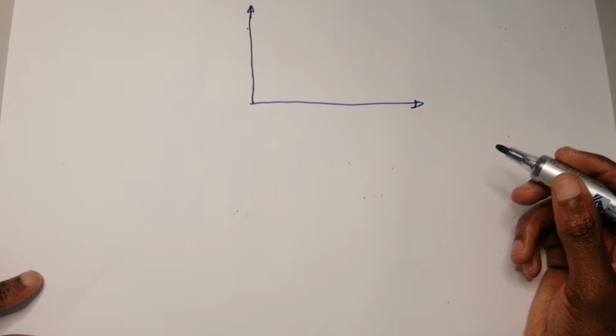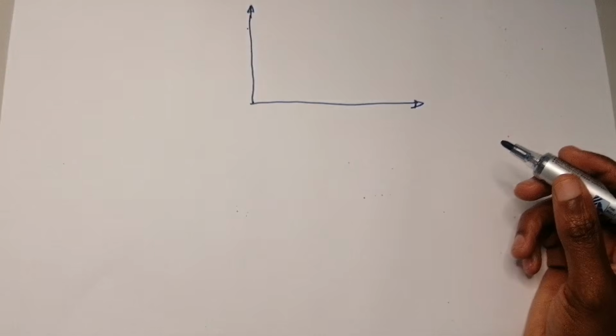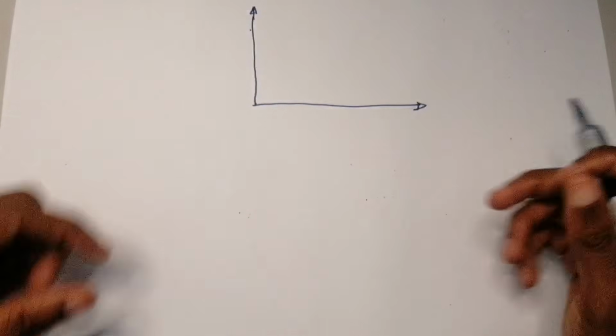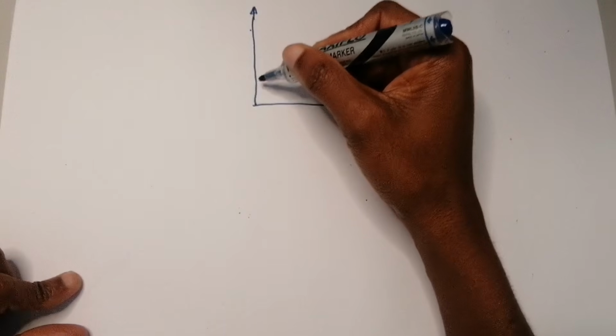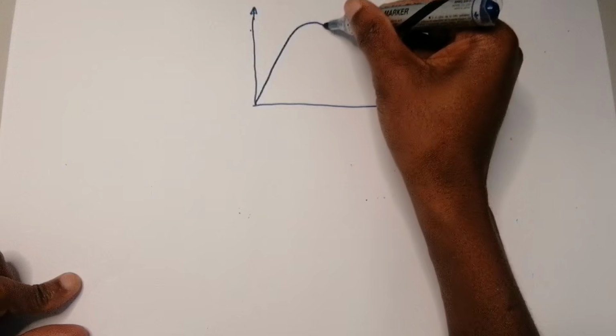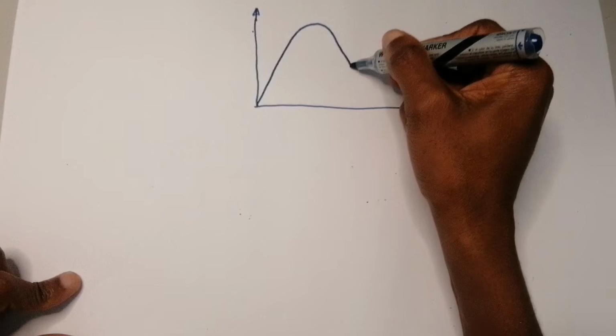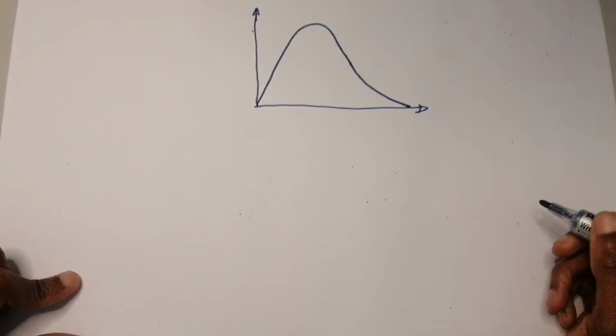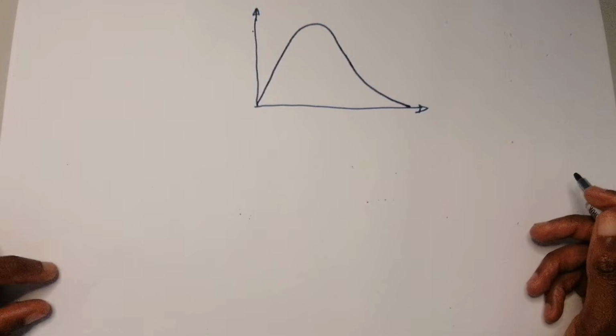This is the graph that shows us, imagine in a reaction, so many collisions are taking place. It shows us the number of particles that are colliding against the kinetic energy of the molecules.